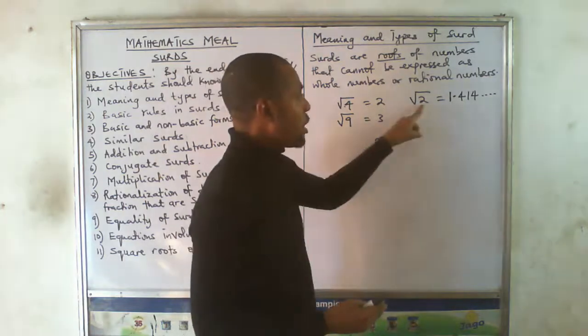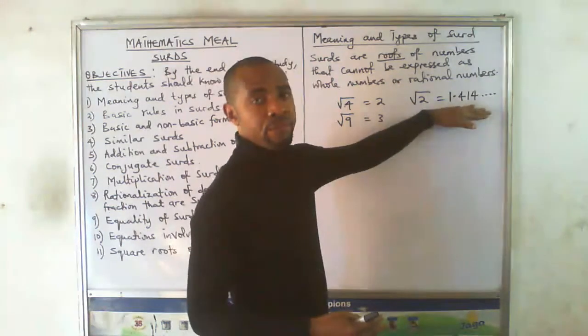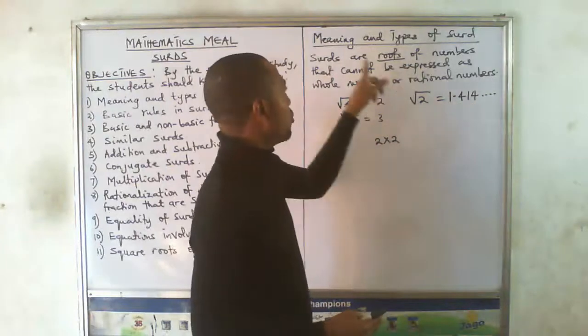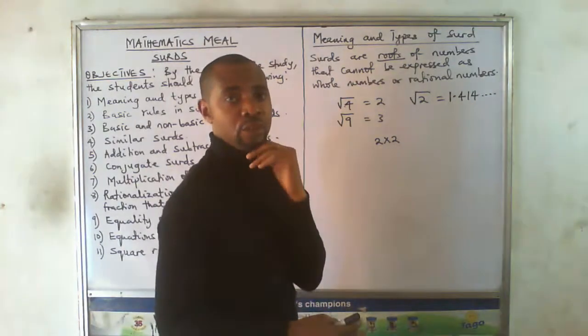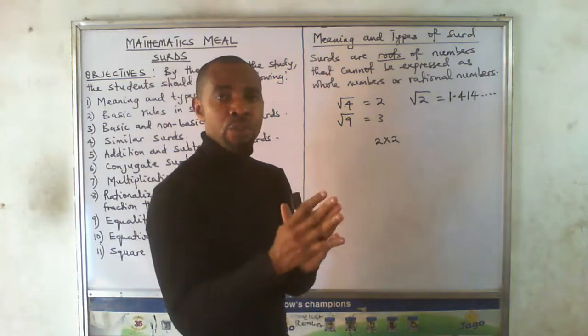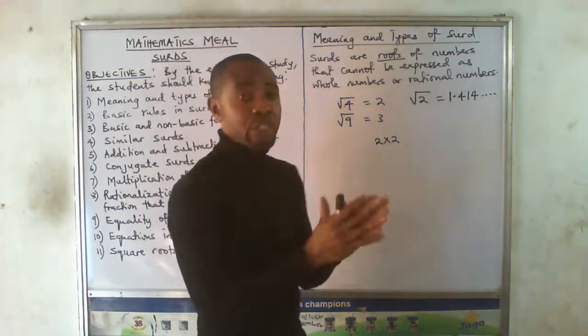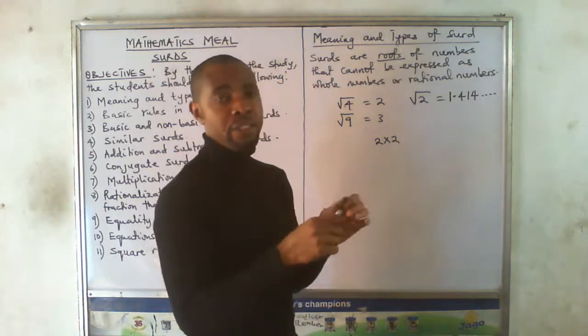So because we cannot express square root of 2 as a whole number, square root of 2 is what? A surd. Square root of 2 is a surd. So any number whose square root or cube root cannot be expressed as a whole number or rational number, that number is what? Is a surd.